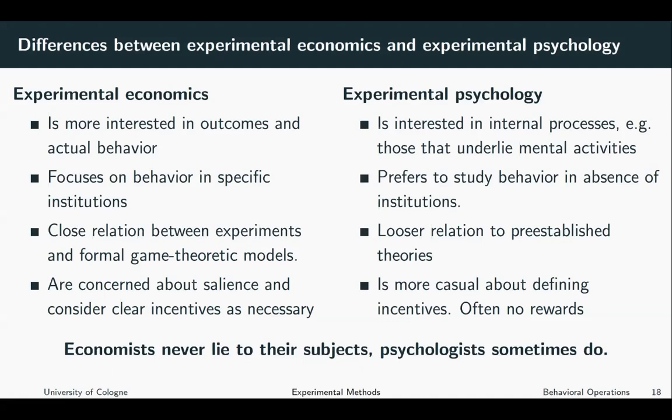Experimental economics is more interested in outcomes and actual behavior. In contrast to that, experimental psychology is often more interested in the internal processes that underlie certain mental activities, for example. So experimental econ and experimental OM typically focus on behavior in specific situations.